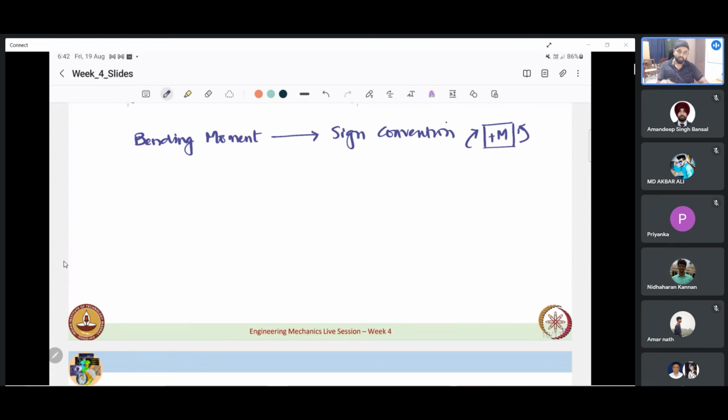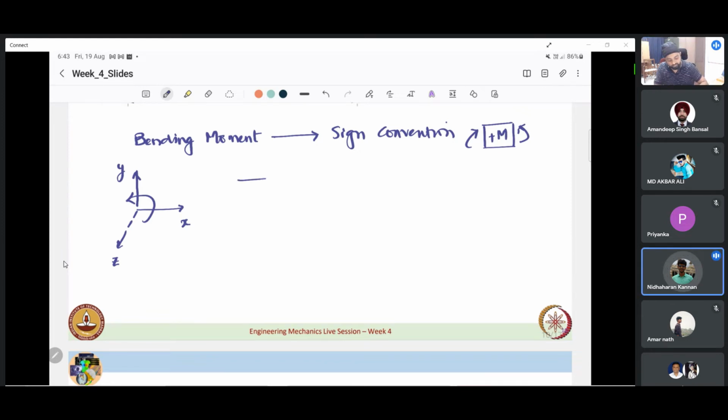Once we have applied this bending moment at that free body, it becomes an externally applied moment. Then we are supposed to treat it as an externally applied moment. And for externally applied moments, we have the sign convention based on our coordinate system, Z, X, Y: all anti-clockwise positive, clockwise negative.